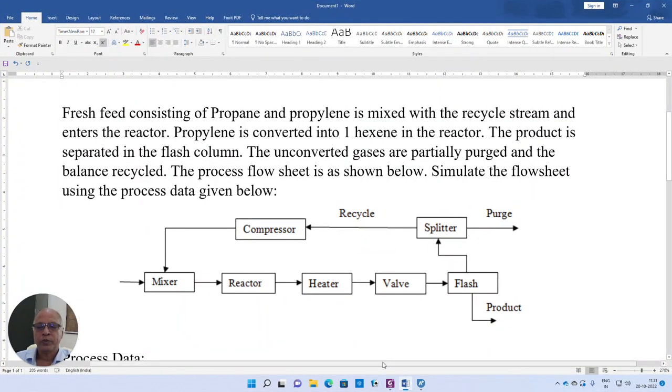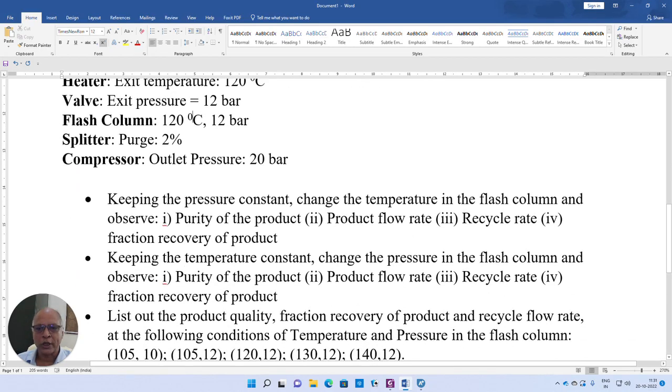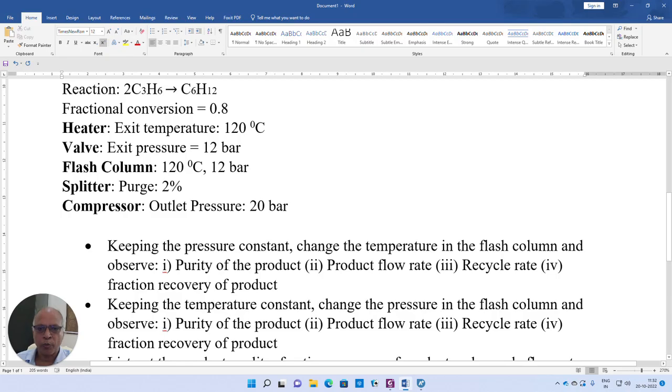Yeah, good morning. In this session, I would like to show you a typical flow sheet simulation, and in addition, we are also required to do certain sensitivity analysis. Analyze the process performance by changing certain critical parameters.